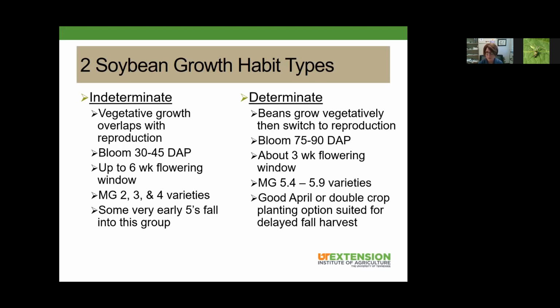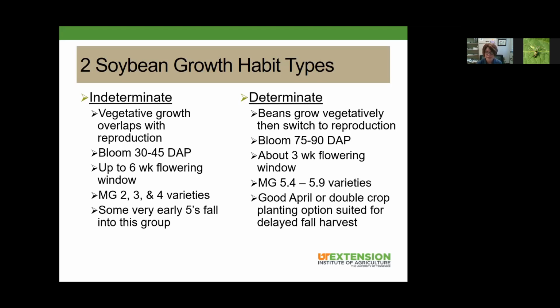Because they are blooming when they're partially grown, they're going to be blooming fairly quickly compared to the determinate soybeans. Because of that overlap between vegetative growth and reproduction, there's a wide flowering window, and that has really helped us offset dry weather. The predominant bean is a group 4 for us. Group 3s and group 2s would all be indeterminate growth types.